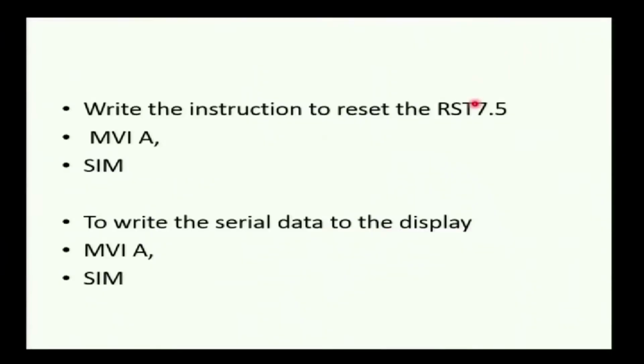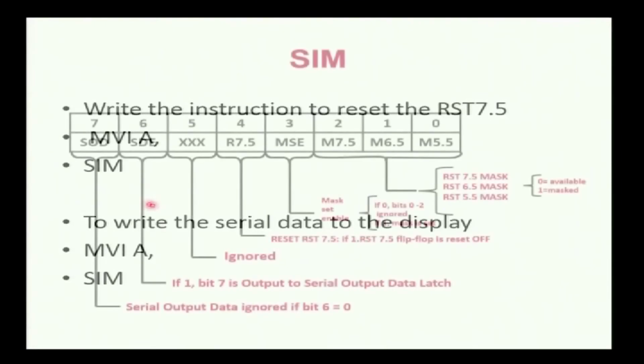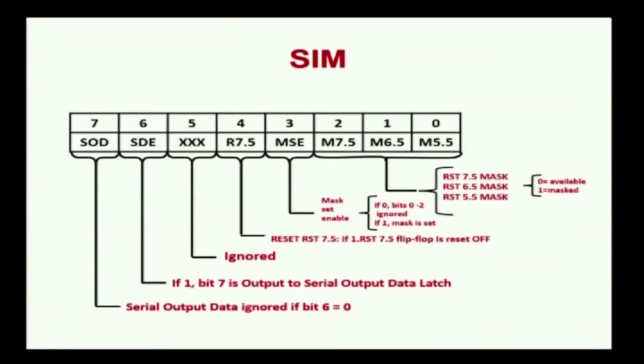Suppose you want to enable any one of the interrupts. What do you have to write? We have to set or reset the corresponding bit positions of the SIM instruction, then load into the accumulator, then write the SIM instruction. To enable the interrupt, the D3 bit position should be 1, and the remaining bits are 0, which means the RST 7.5, 6.5 and 5.5 interrupts are also available.